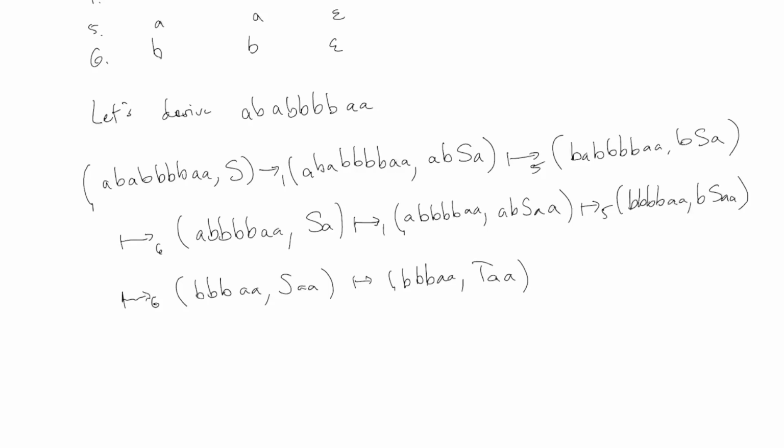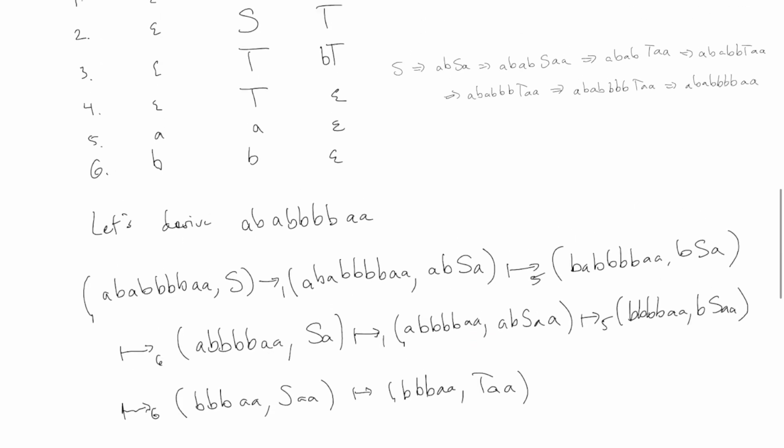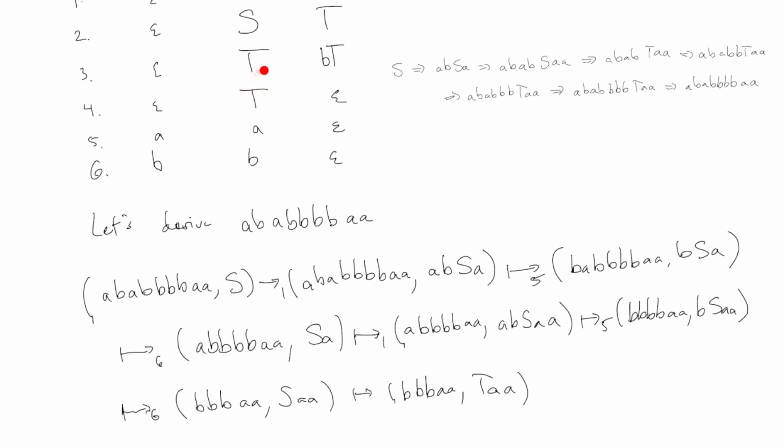All right. What's next? You can't do 5 or 6 at this point because I have a T on the stack. I have to do one of these pop T moves, which is either 3 or 4. Look to the grammar about which move we did at this point. That would be in this step right here. I changed T to BT. So at this point, I should do rule number 3 in my derivation.